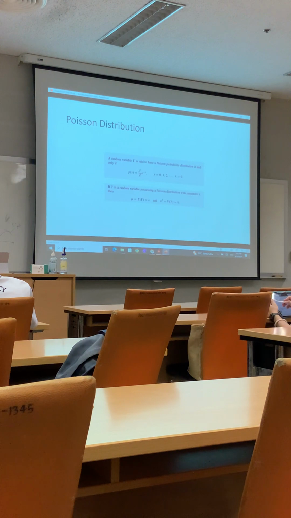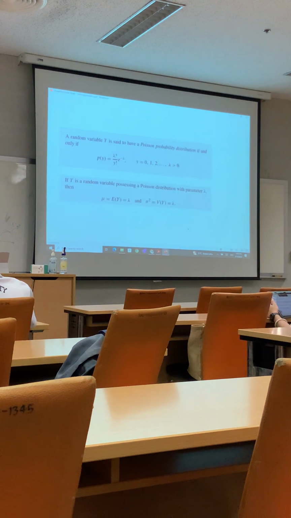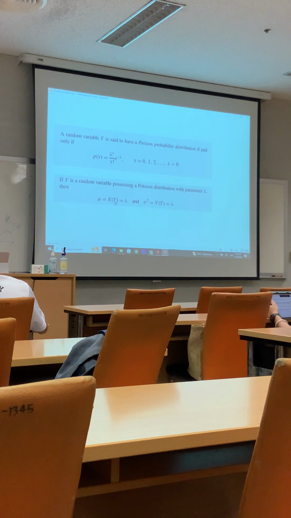We've seen the density already, and y can be 0, 1, 2, 3, and so on, and lambda has to be greater than 0. And the mean, or expectation of y, where y is the number of successes here, is lambda.